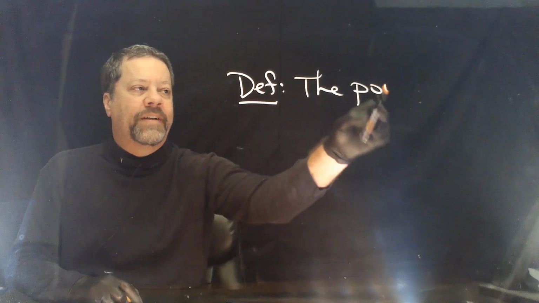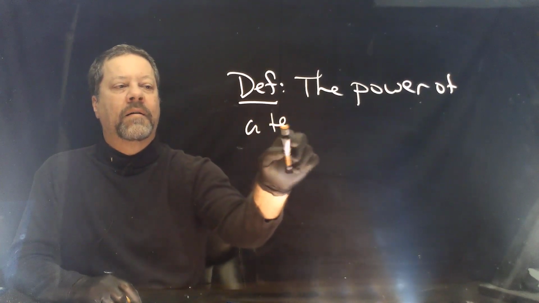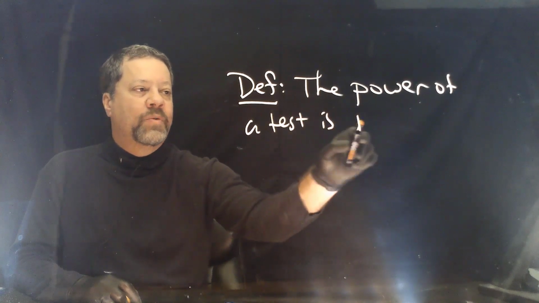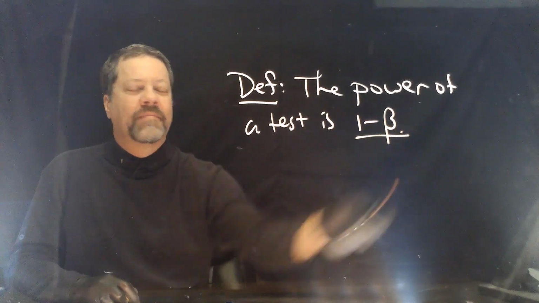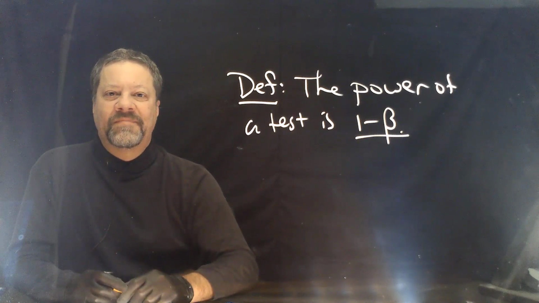The power of a test is 1 minus beta, 1 minus the probability of a type 2 error.